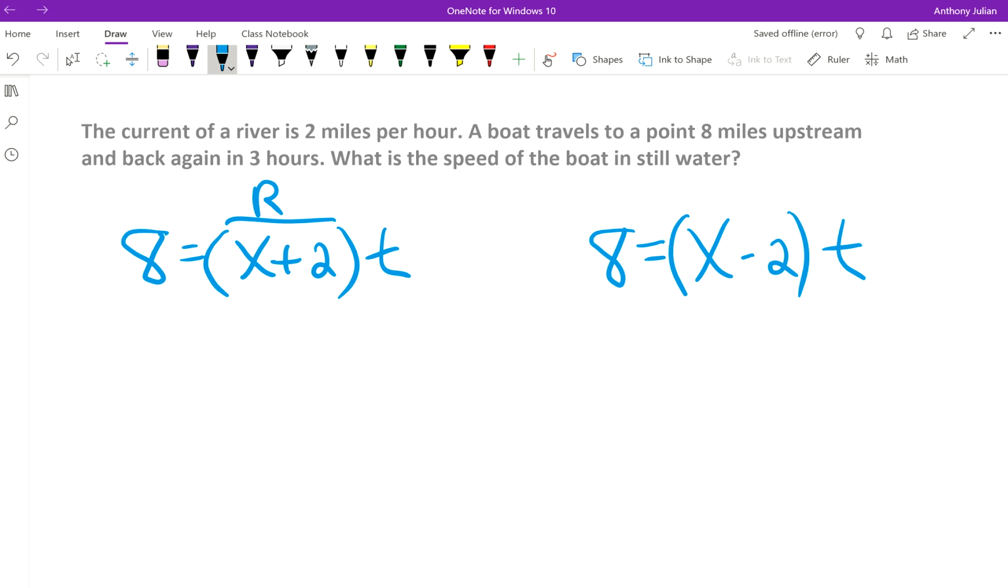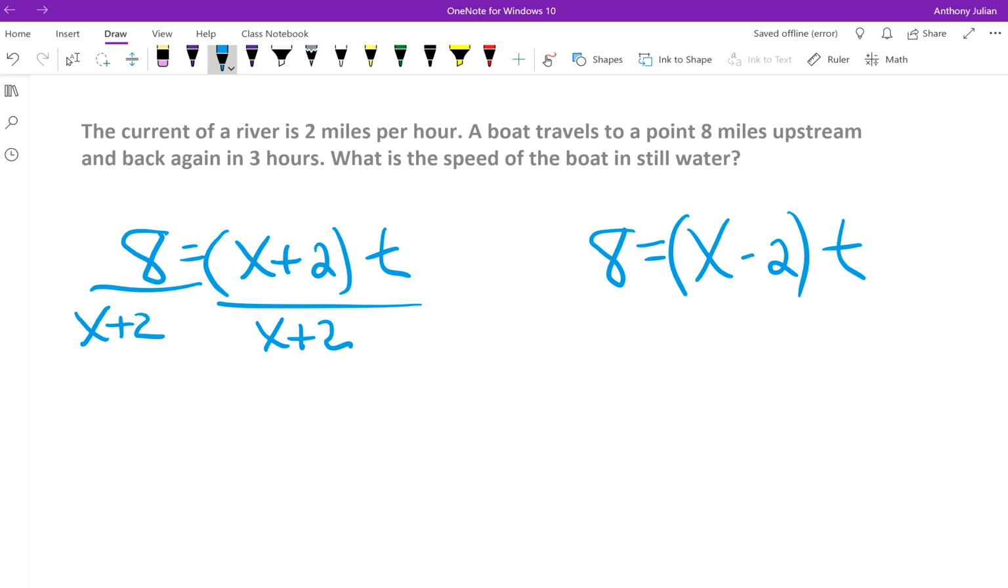What is crucial to do here is I'm going to get rid of this r so we're not confused by anything. I want to get these equations equal to t, so I'm going to solve for t. I'm going to divide both sides by x plus 2. What do I have?